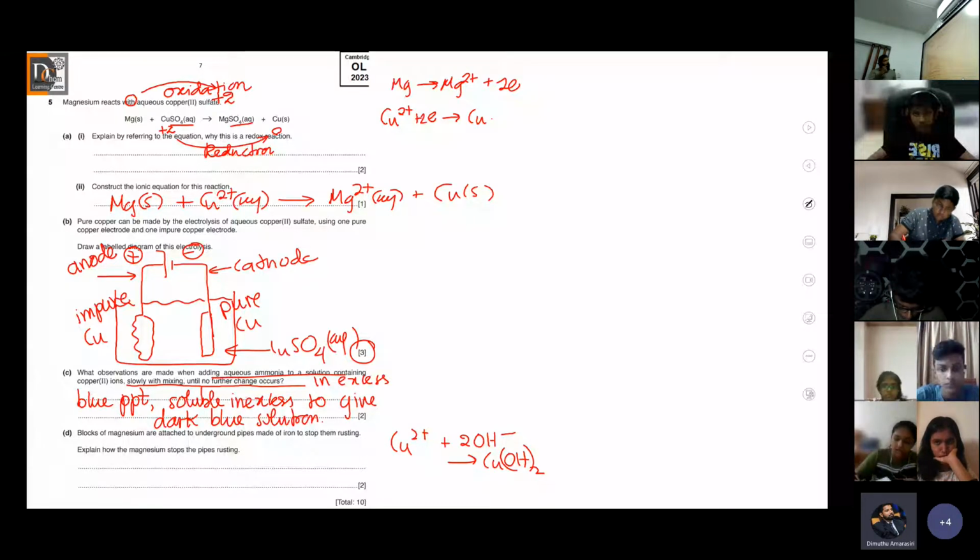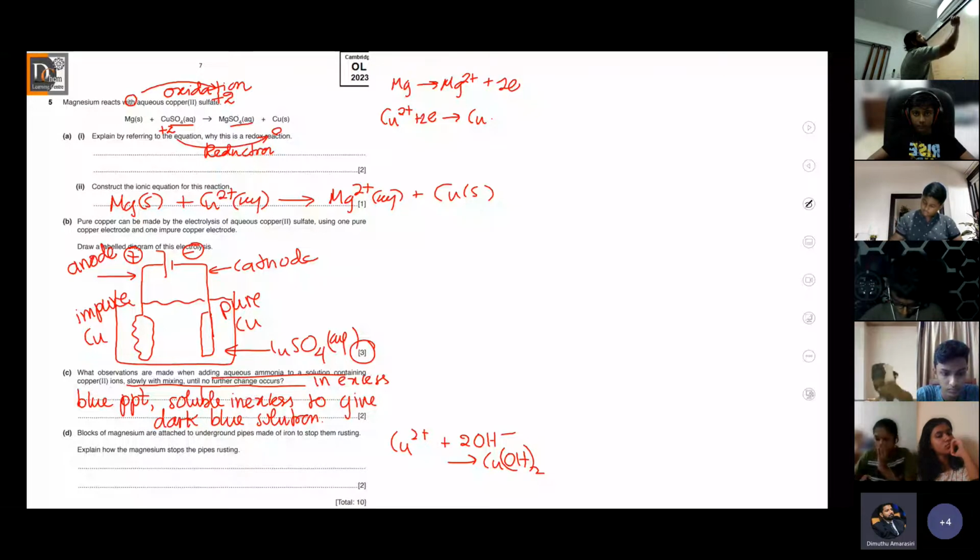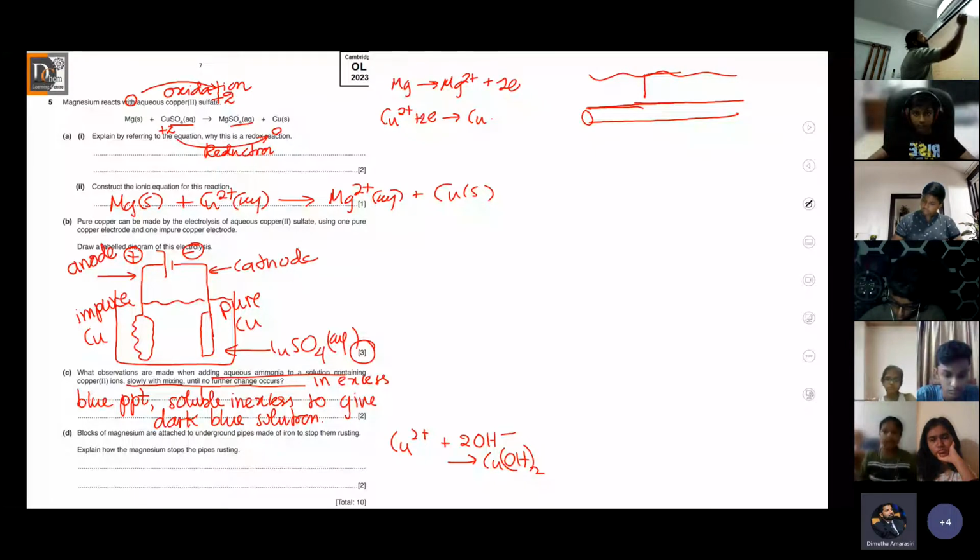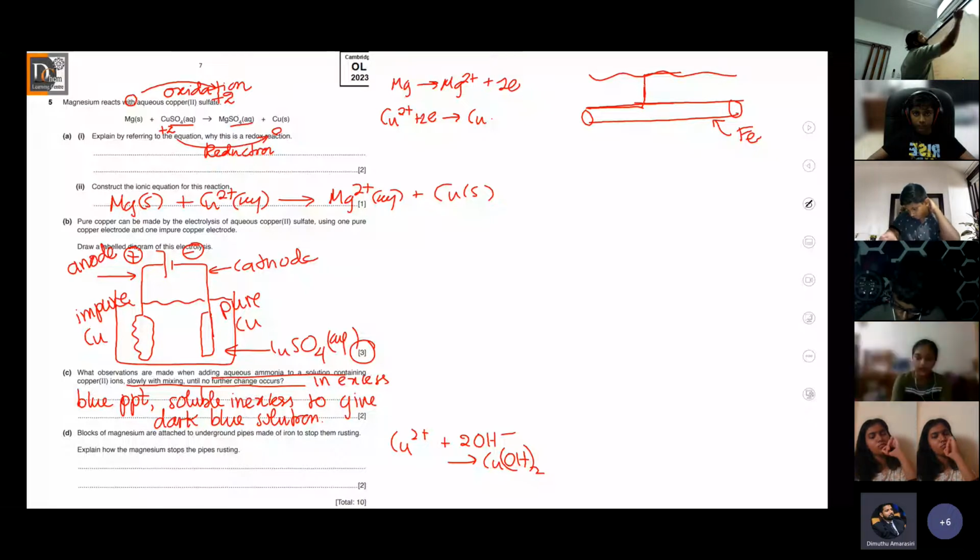Right. And we have one more question to discuss. Blocks of magnesium are attached. All right. Listen to me. We discussed this also. We have, let's say, underground water pipes, and these are made of iron, and these are maintained by whoever the responsible department is.